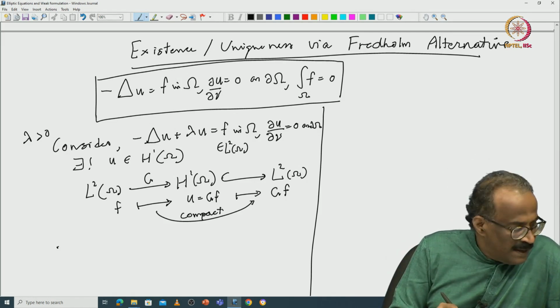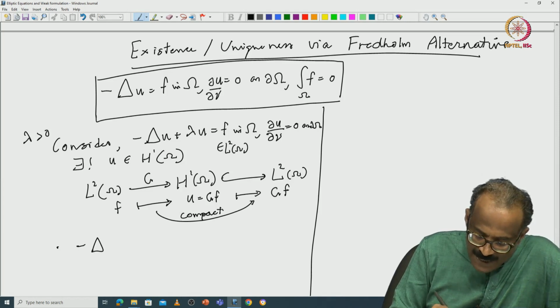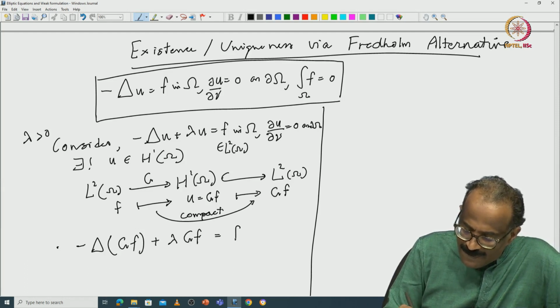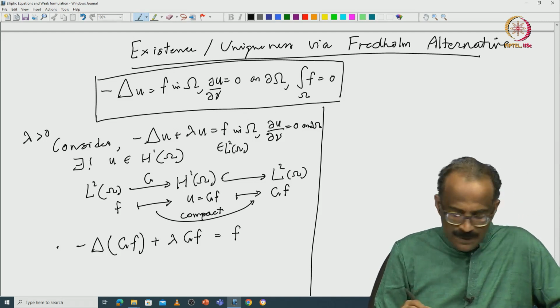That is minus Laplacian of gf plus lambda gf is equal to f, okay. So you have that one.